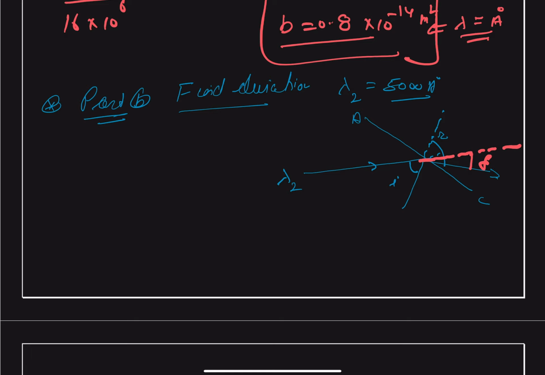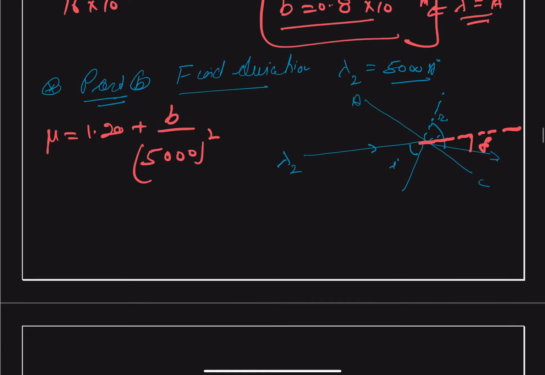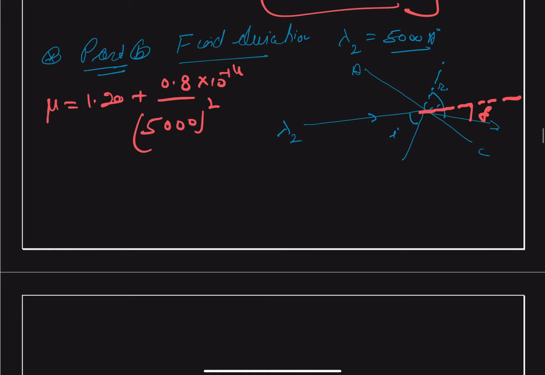We are given mu is equal to 1.20 plus b over 5000 whole square, and b we already know, so we can just substitute it here, and b is 0.08 into 10 to the power minus 14, so this gives us that mu will be equal to 1.232, and we can use Snell's law.